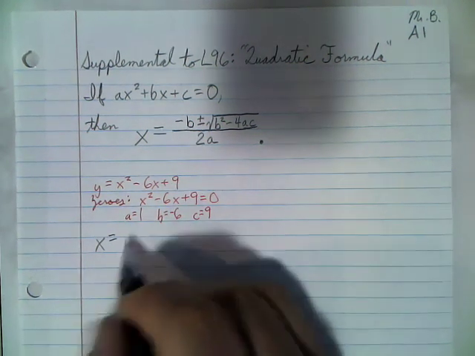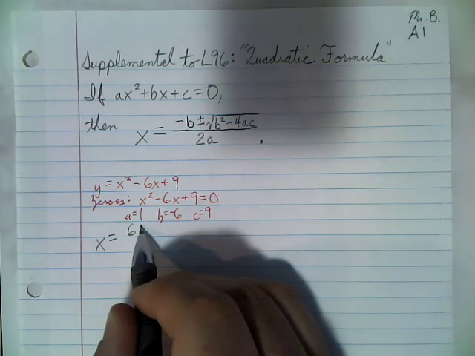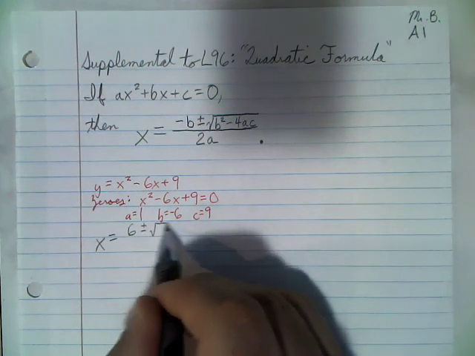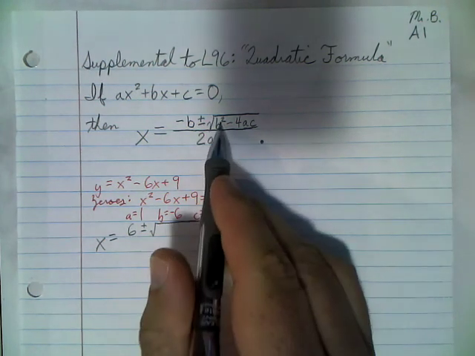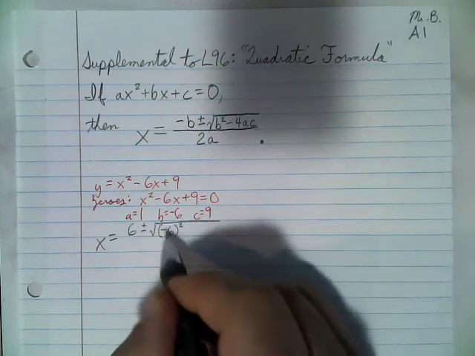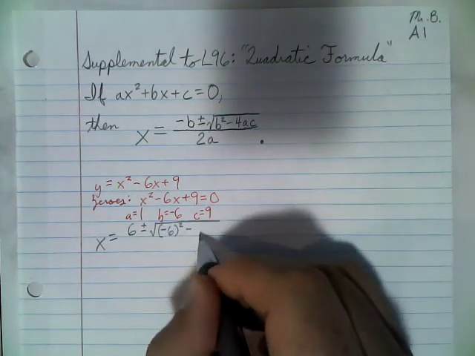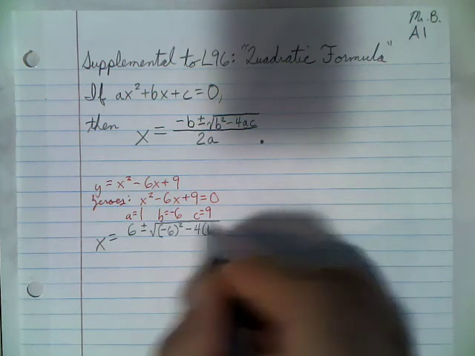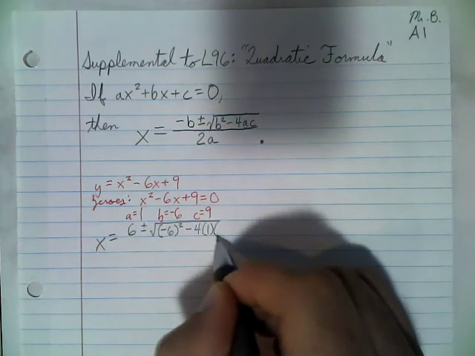So a negative negative 6 would just be a positive 6, plus or minus radical b squared. So that'll be my negative 6 squared. Don't forget the parentheses since it's negative. Minus 4, a is 1, c is 9.